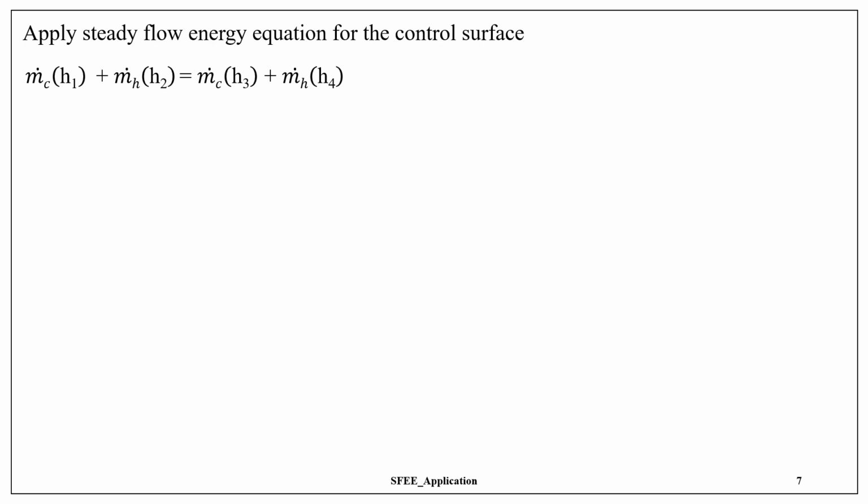m dot c h1 plus m dot h h2 plus m dot c h3 plus m dot h h4. So m dot c stands for cold fluid, m dot h stands for hot fluid, h1 represents enthalpy at section 1, h2 represents enthalpy at section 2, and h3 and h4 represent enthalpies at sections 3 and 4 respectively.